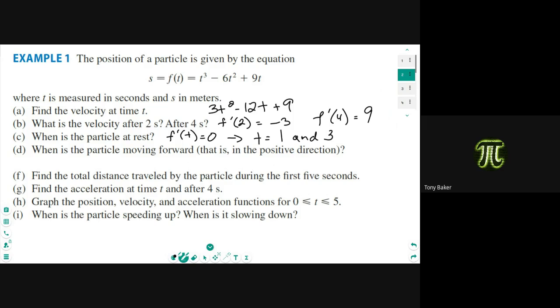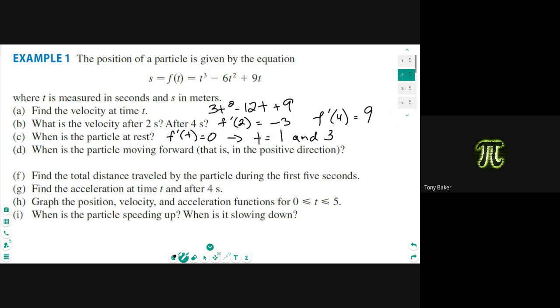When's the particle moving forward? So when's it moving in a positive direction? What would that be? When the graph is increasing, so that would mean what? My velocity is positive, right?